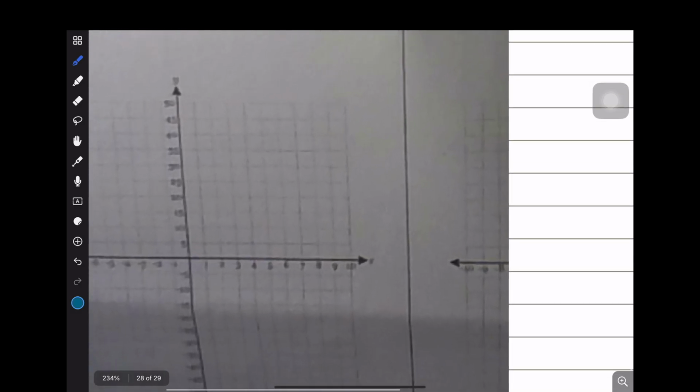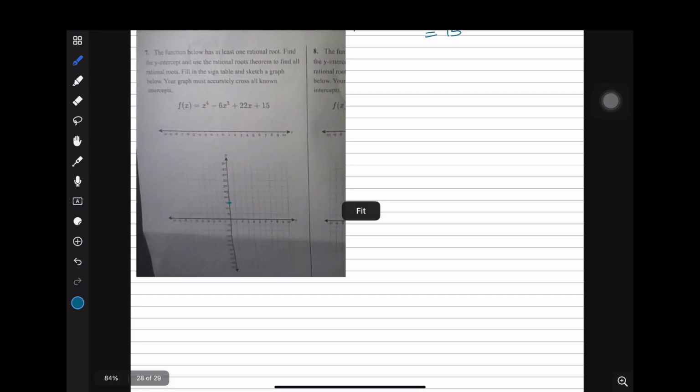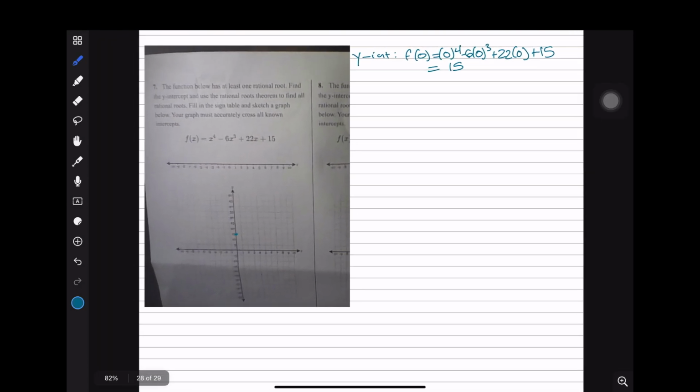So plug in 0 into the function for x and you will get your y-intercept. So here we do the math and we get f of 0 equals 15. So your y-intercept is at (0, 15).